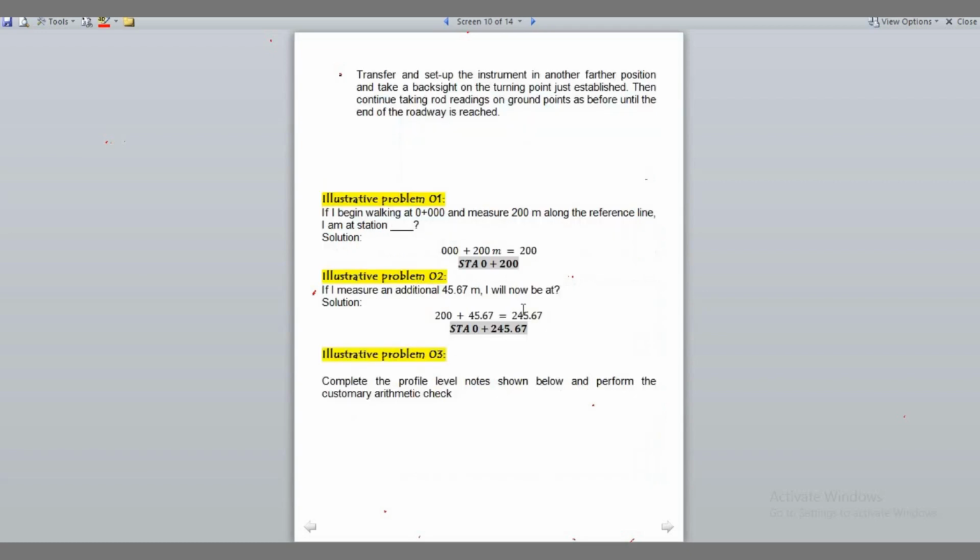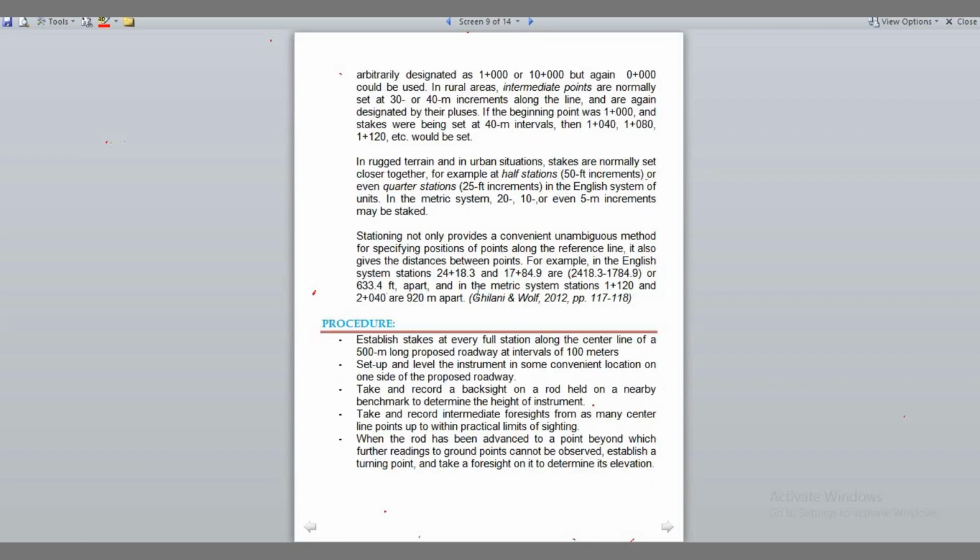Then procedure pala. So what is the procedure for profile leveling? Establish stakes at every full station along the center line of 500-meter long proposed road. So, i-kwak na lang, direct check na lang dito yan.